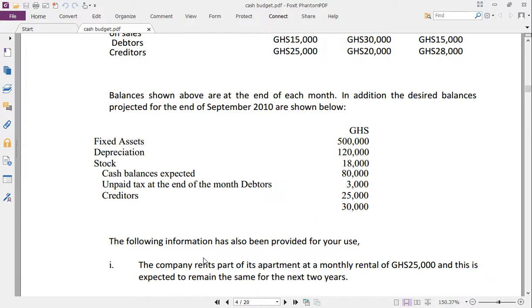Expected cash balance is there. Unpaid tax at the end of the month is 3,000, debtors 25,000, creditors 30,000. We are done.